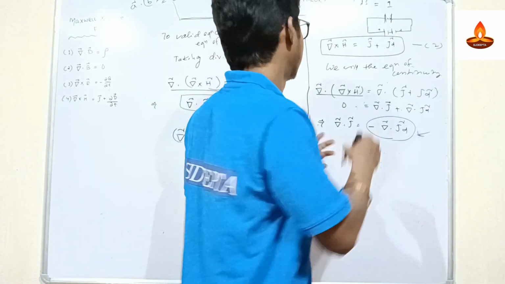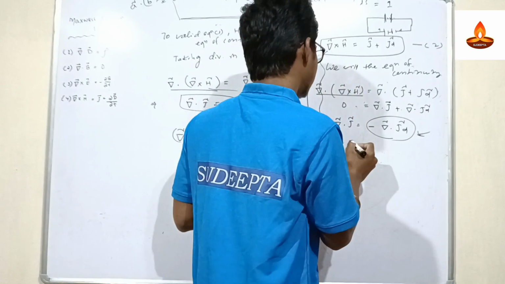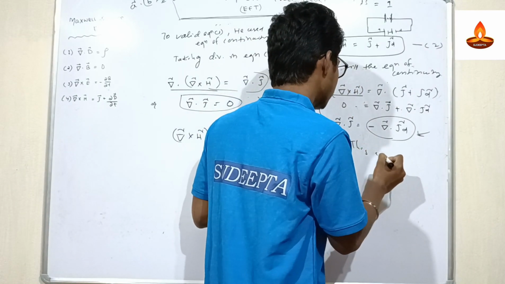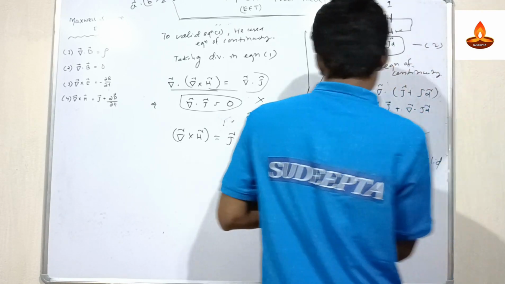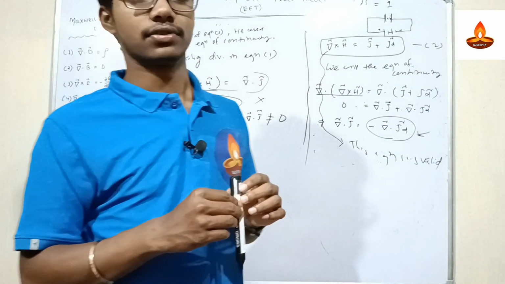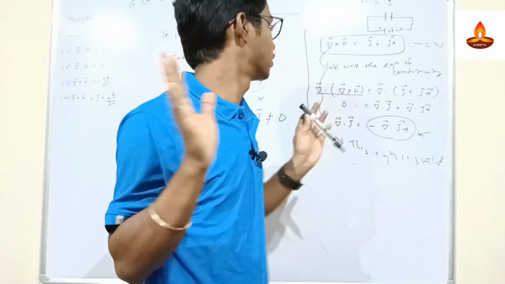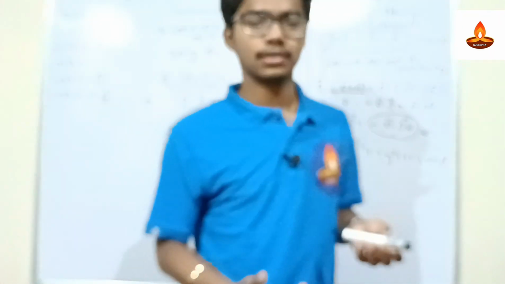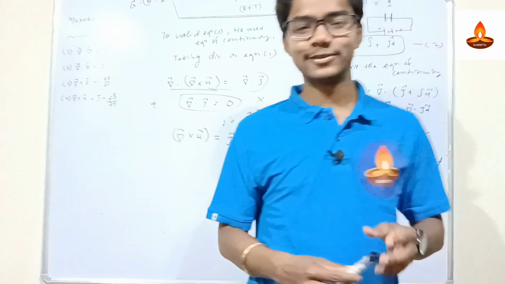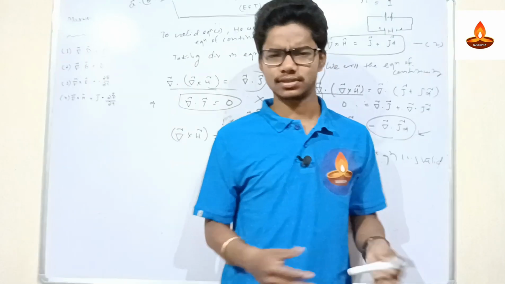So here we have found out that this equation is valid as divergence of J is not equal to 0. So the next step will definitely be to find out the value of JD. To find the value of JD, Maxwell does not do something new, he already has the values.